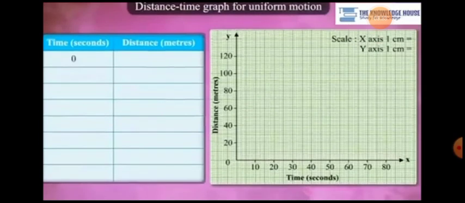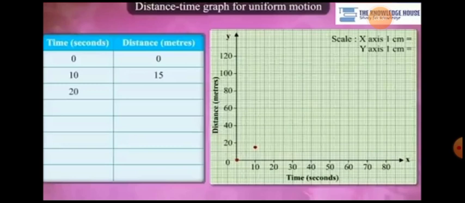Time in seconds 0, distance in meters 0. Time in seconds 10, distance in meters 15. Time in seconds 20, distance in meters 30. Time in seconds 30, distance in meters 45.